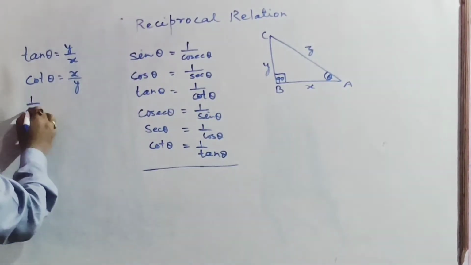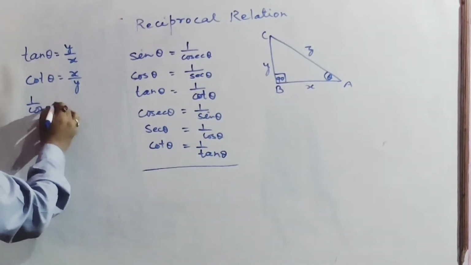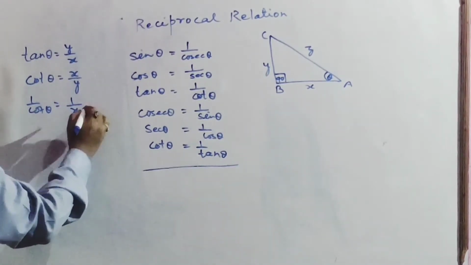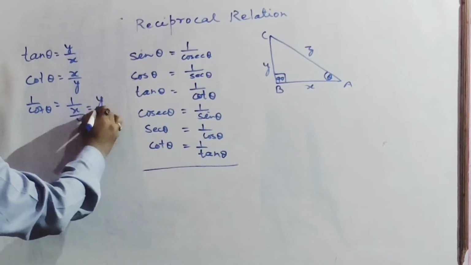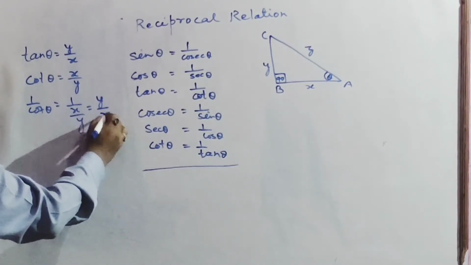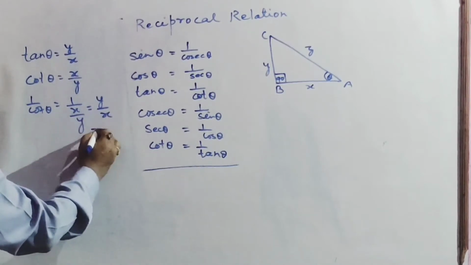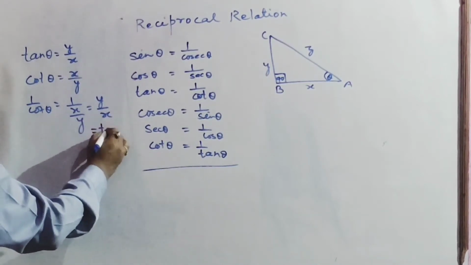So 1 by cot theta can be written like this, 1 by x by y, that is equal to y by x, and we know that y by x is equal to tan theta.